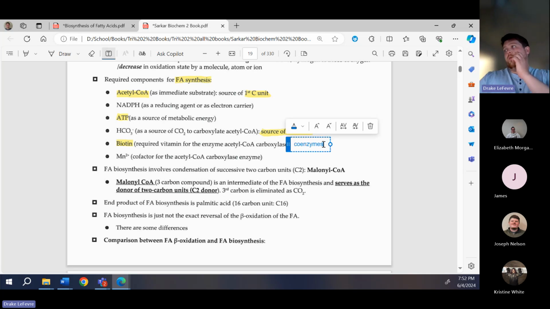Biotin specifically, what vitamin is biotin?